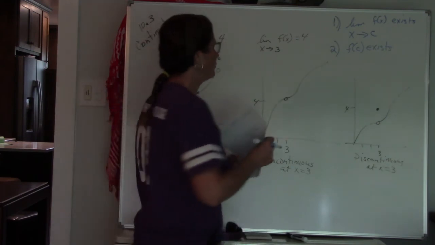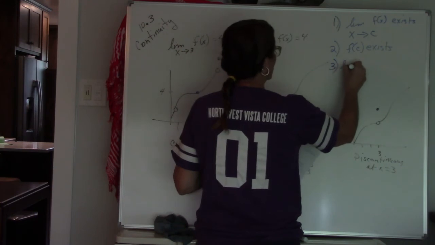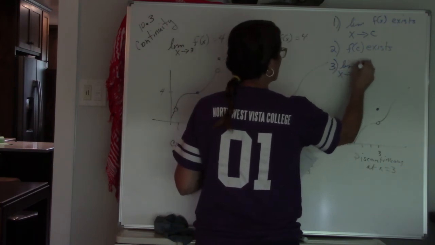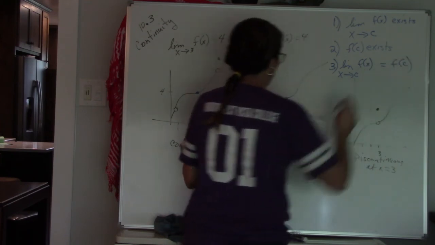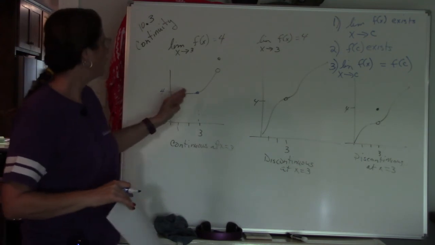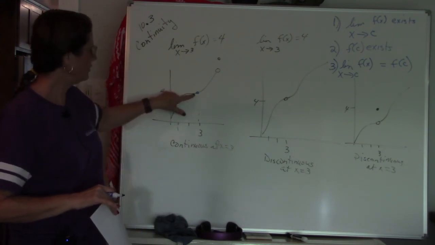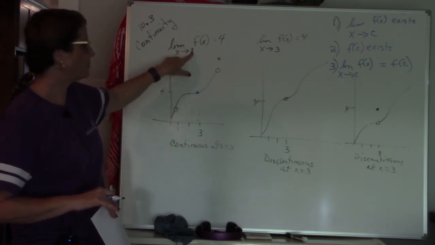Now we have to have the third criteria. The third criteria says that the limit as x approaches c of my function is the same thing as the actual point. Okay? So this one, I have a limit, I have a value that does exist, and the value that exists is the same as my limit.